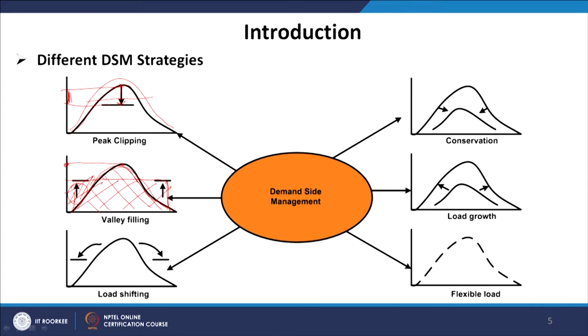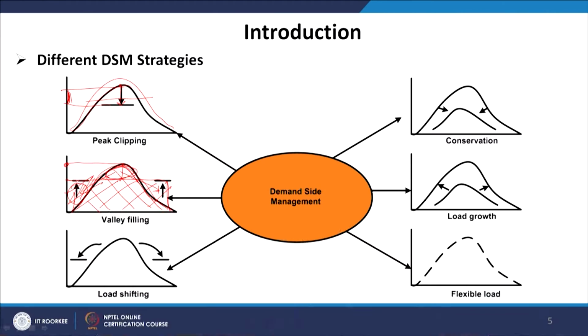To do this, the area under this portion is distributed, one portion to this valley and the other portion to this valley. The energy, the area under this characteristic, remains the same as the original characteristic, but the peak is reduced from P1 to P2.